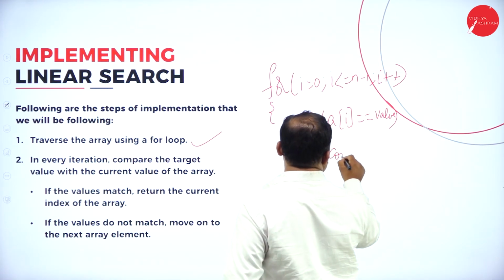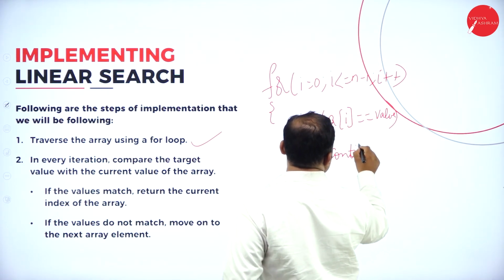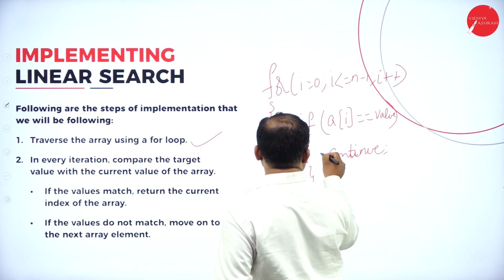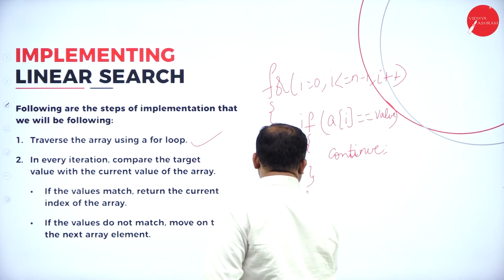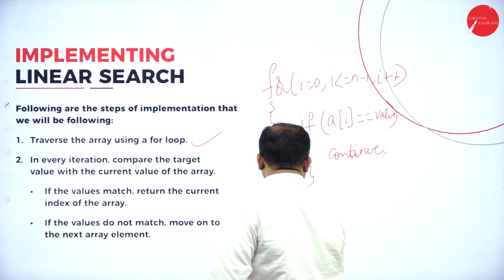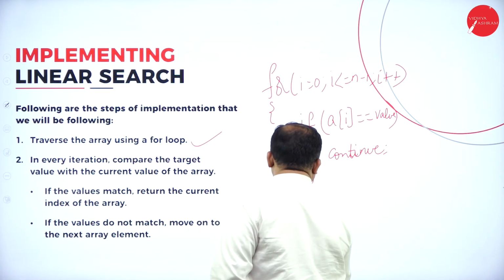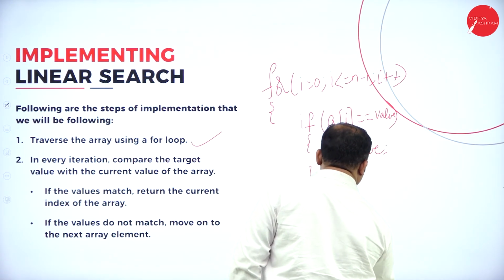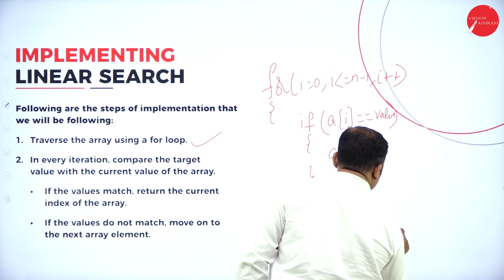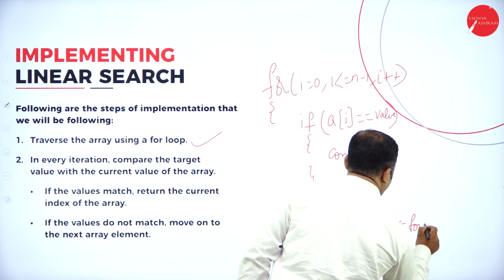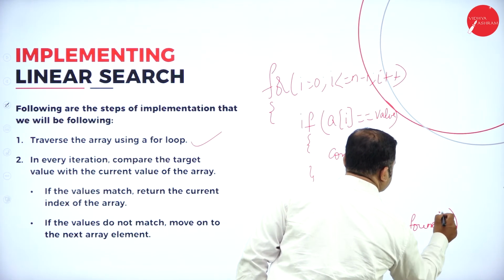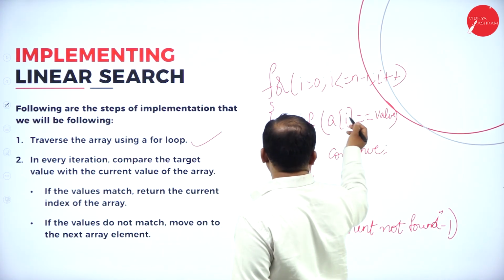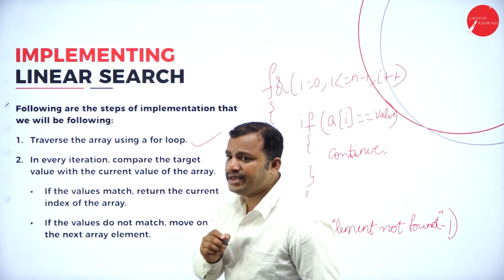Else, here I had written continue. Else, what happens here? It comes out of the for loop and prints, that is System.out.println, that the element is not found, and prints -1 here. Right? If the element is found, what has to be displayed here?